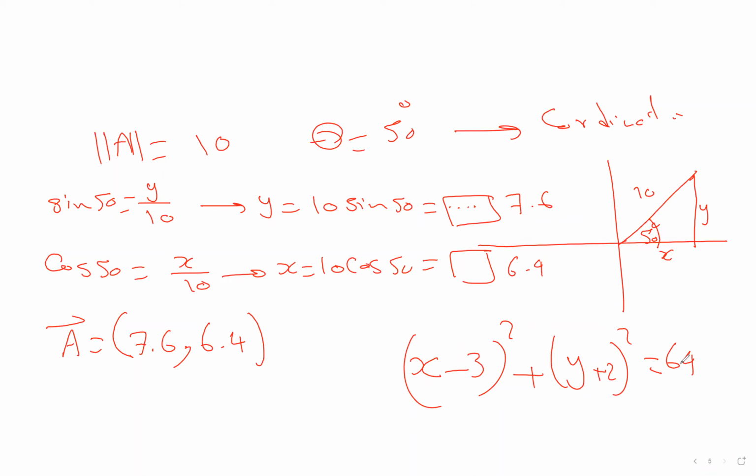Is it an ellipse or a circle? Circle. Its center is negative 3, negative 2, and its radius is 8. Can you find the area? Yes, we can find the area by using this rule: pi r squared, it will be 64 pi.